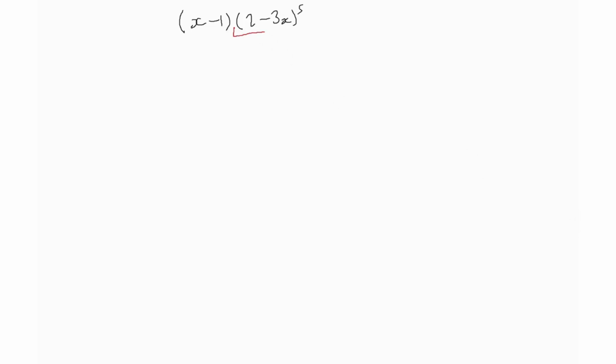If we start off by doing the expansion of this, we're going to have 1, 5, 10, 10, 5, and 1. We have 2 to the power of 5, which is 32, 2 to the 4, 2 cubed, 2 squared, 2 and 1.